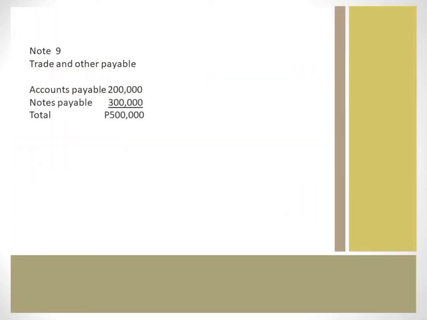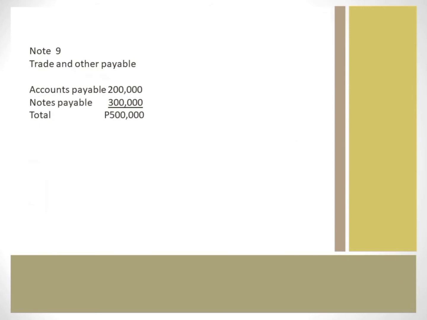In the presentation of the liability accounts, there is also one note, so let's check. There are two accounts under trade and other payables. We have accounts payable and notes payable, a total of 500,000 pesos. So this is how to prepare the liability and owner's equity accounts.